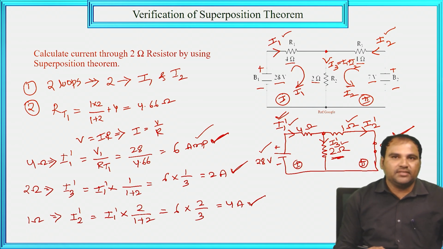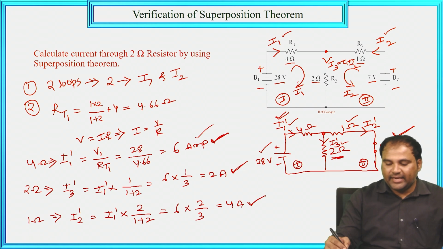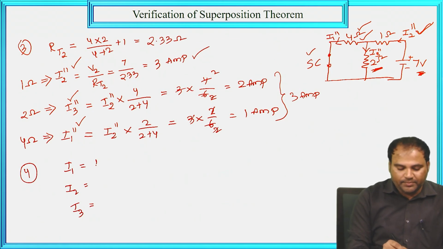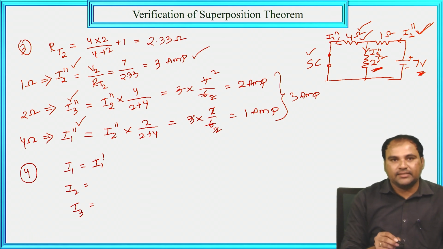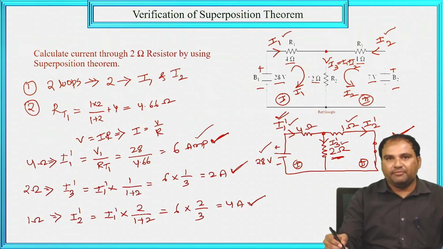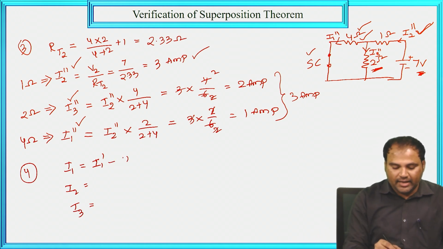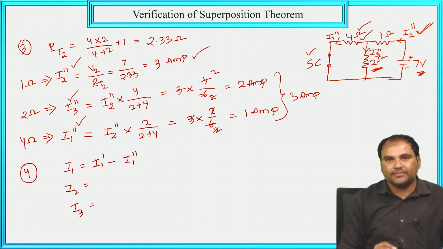In the first circuit, the I1 direction and I1 dash direction are both the same. Means we write I1 is equal to I1 dash, and we compare the first circuit with the third circuit. I1 double dash is opposite, so minus I1 double dash. So I1 is equal to I1 dash minus I1 double dash.